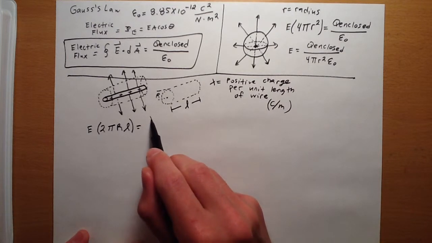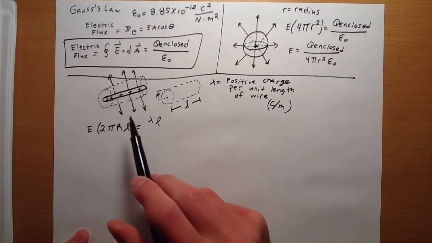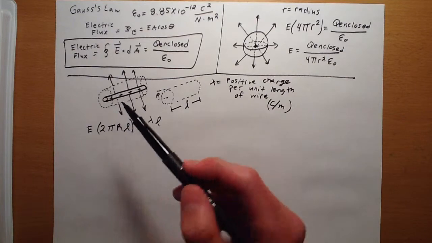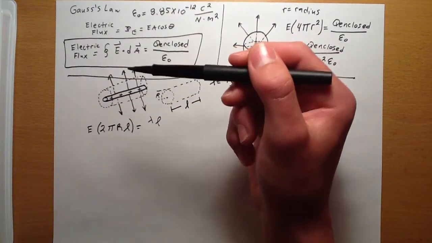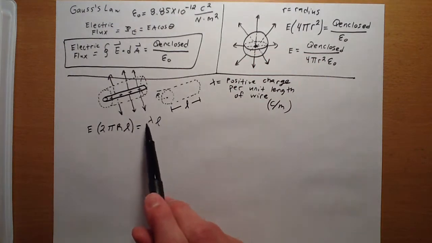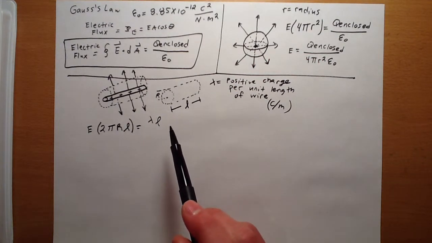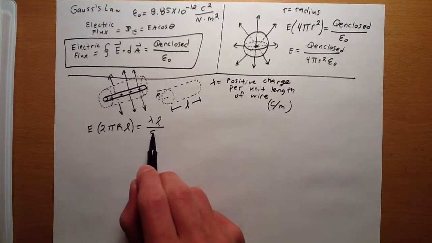We have lambda, which we just defined right there, times length, and that is equal to the charge enclosed. So let's say we have a 4 meter long wire, and each meter is 2 coulombs. We'll have 8 coulombs enclosed. 2 times 4 equals 8. So that's charge enclosed over sigma naught.